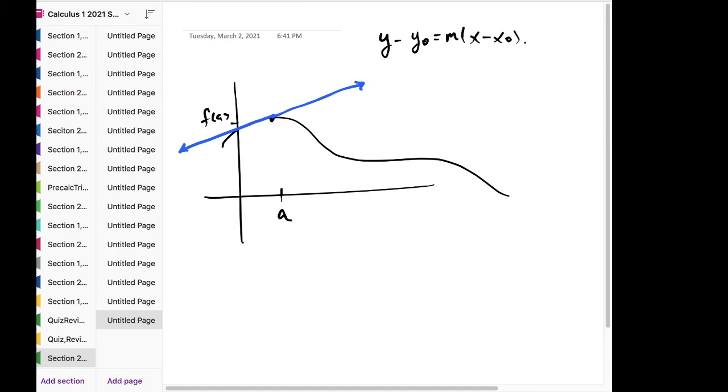You have all the info right now. What's the equation of the tangent line at A? Good, yeah, m is f prime. Right, that's the definition of the derivative. And what's a point you could use?